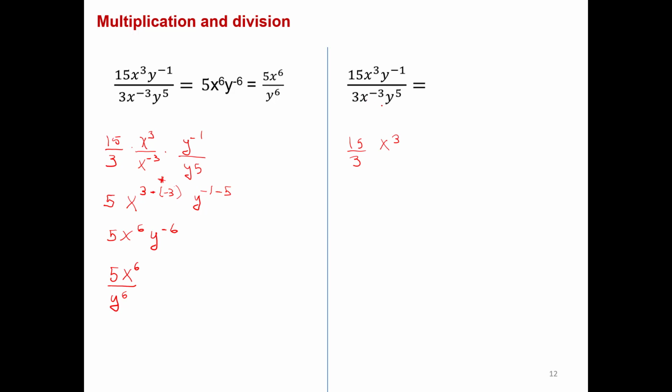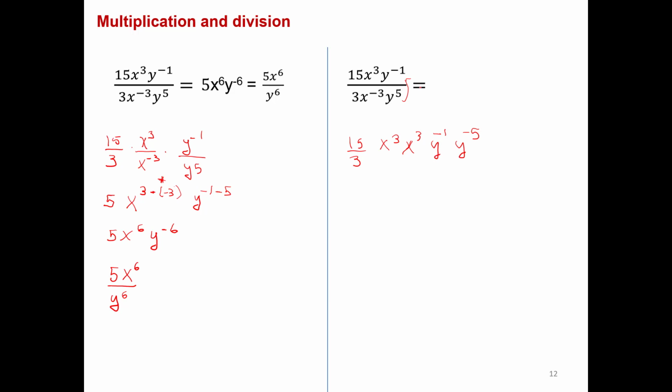We can move it to the top, and then we change the sign. This is negative, move to the top, and it will be 3. You have y, this is positive. If we move it to the top, it will be negative 5. We move this one to the top, it will be positive. We just change the sign.